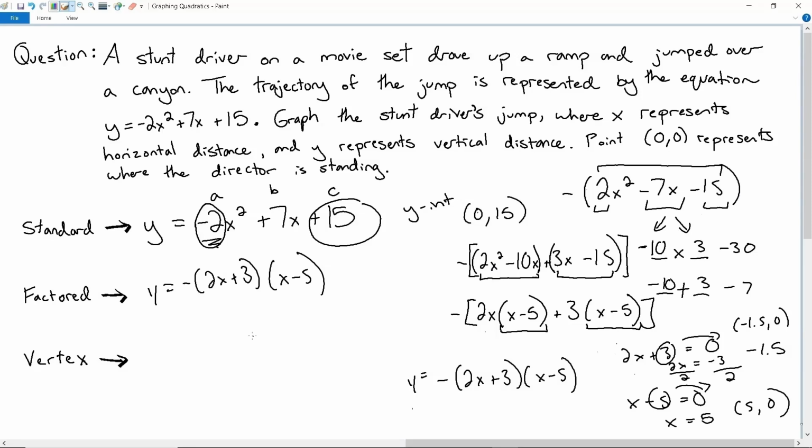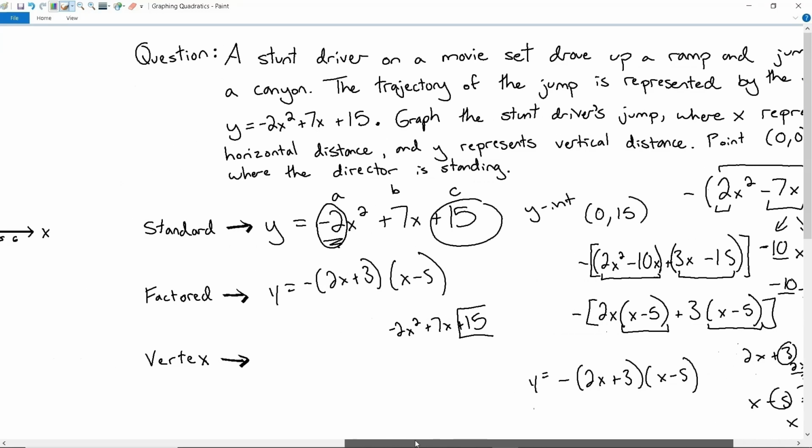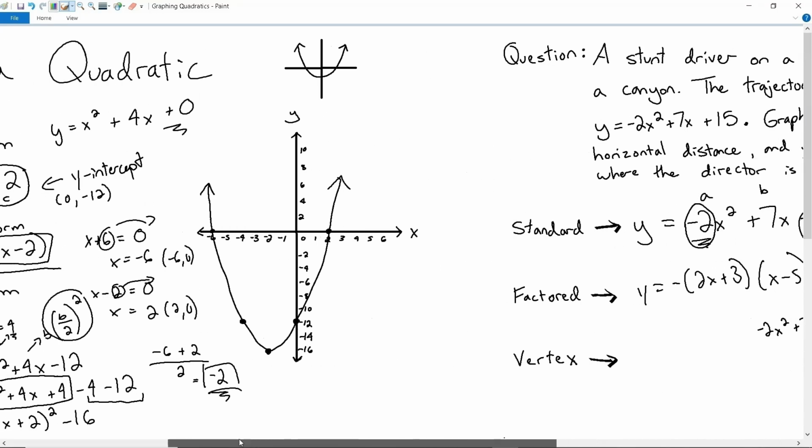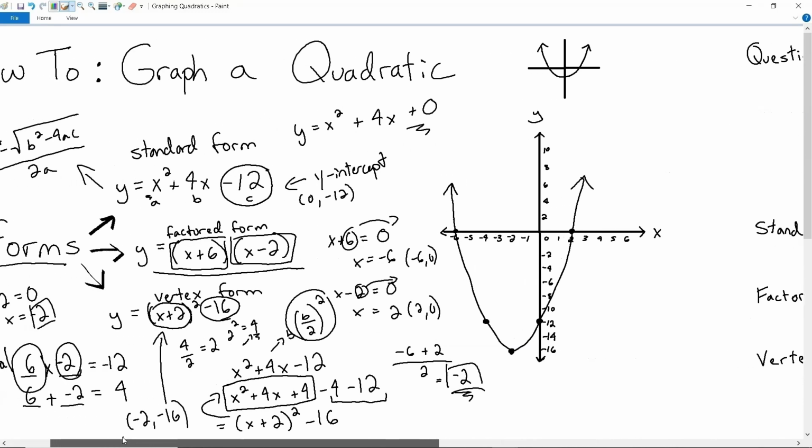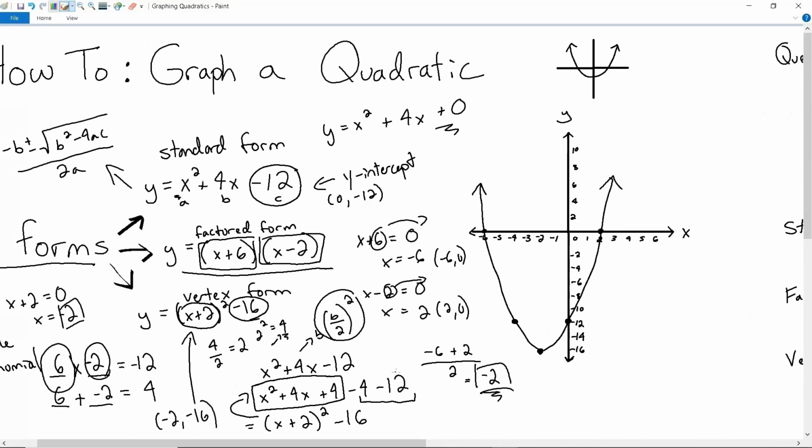So I'm actually just going to write out my equation one more time, my standard form, I should say. And when we're moving into vertex form, we want to ignore our c term. If we go back to our first example, you'll notice that when we did the vertex form here, we could just ignore -12.